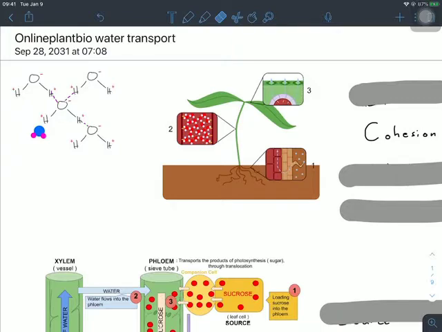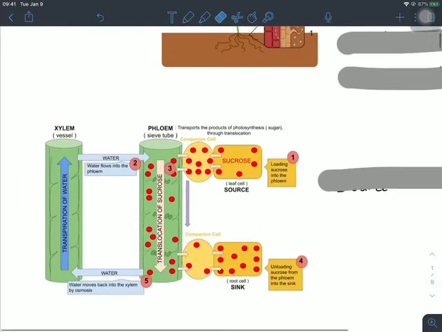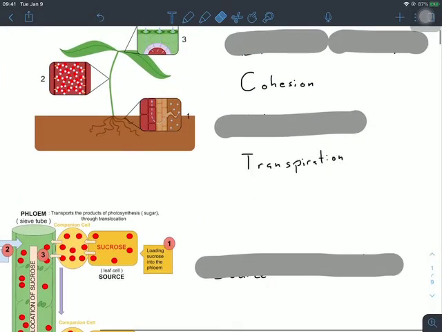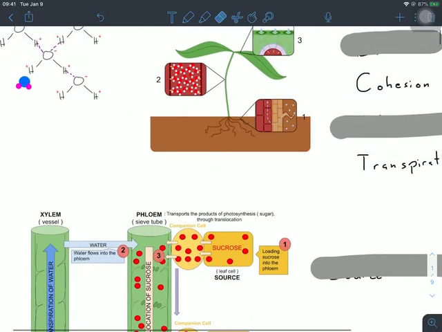And this is the reason why water forms a consistent column throughout the xylem of a plant, being pulled up through the process of transpiration as water leaves through the leaves, the stomata in the leaves specifically. Now, there are a couple other forces helping pull the water up the xylem in the plant.